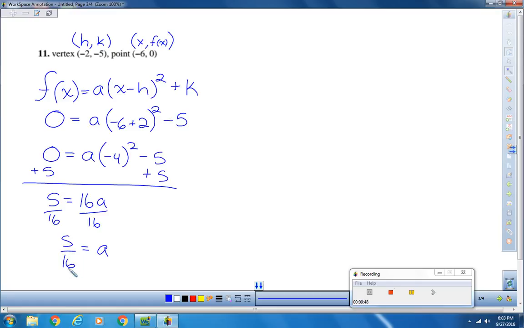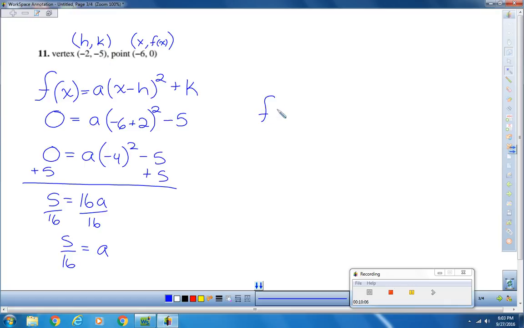And that's okay to have a fraction. In fact, I believe on number 10 or 12, you're going to have a pretty weird fraction. So it's okay to have a fraction here. So now we substitute our values back in for a, for h, and for k, back into the original equation.